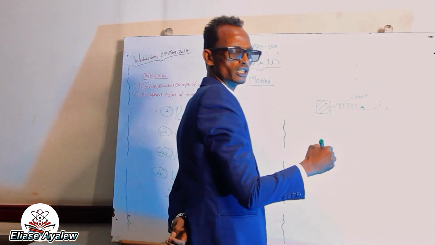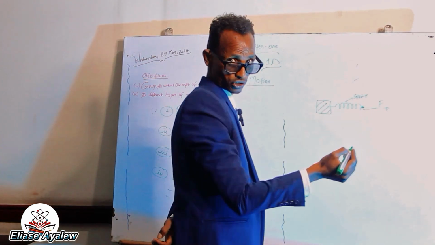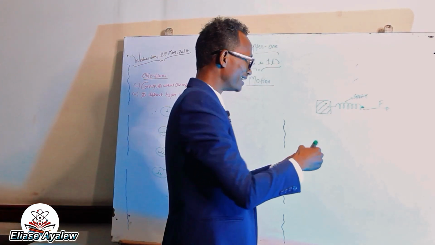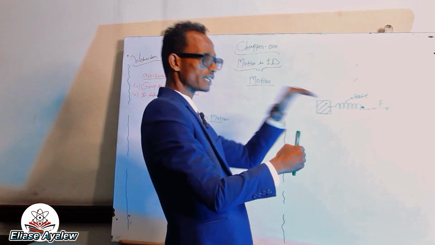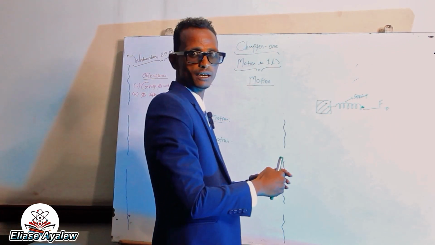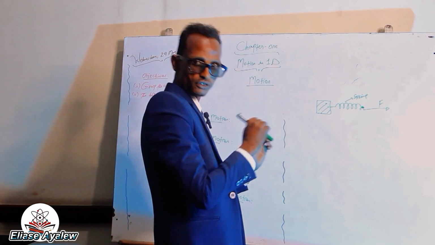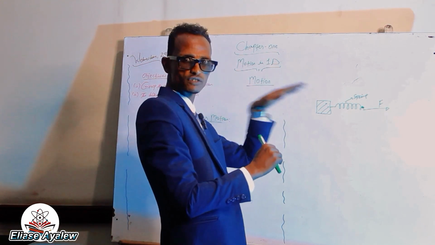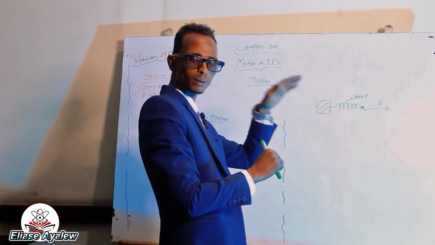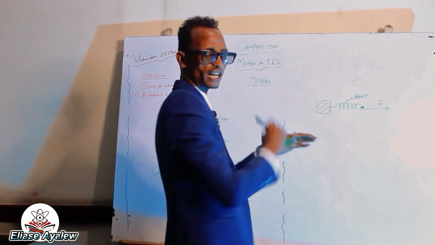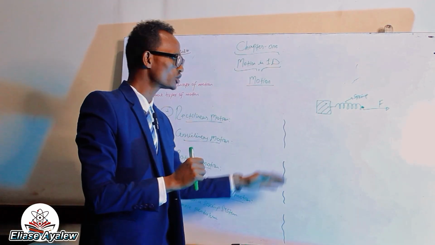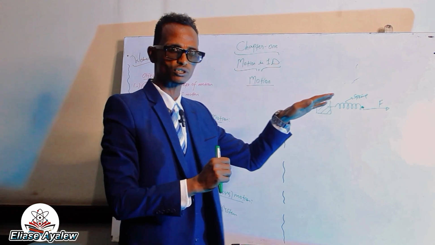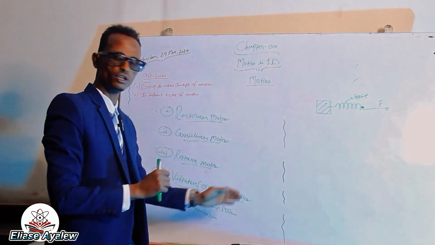It stretches. When we release it, what will happen? The spring starts to oscillate back and forth for a certain period of time before it comes to rest. Therefore, the back and forth movement of the spring as a result of applying an external force in the horizontal direction is known as vibratory motion.